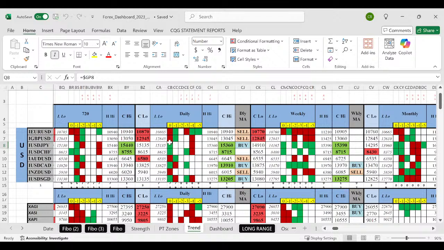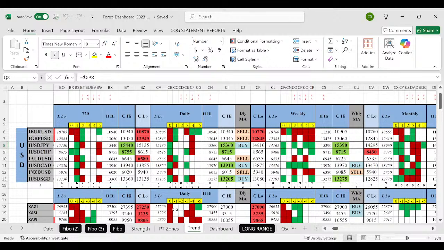Pound is down on the daily, but weekly is still flat. Dollar yen is up on the daily and weekly, and dollar Swiss is also up on both time frames, followed by the Sing dollar. So maybe we will try to focus on these three, and also gold.